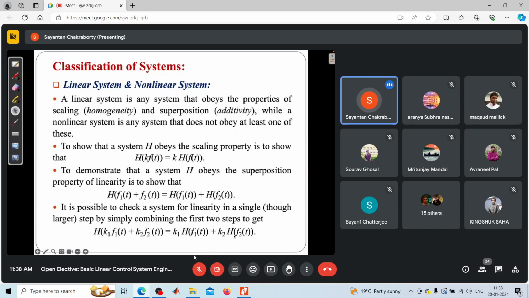It follows the scaling property and the superposition property. But if a system fails to satisfy either scaling or superposition or both, then it's a nonlinear system. We'll give an example of each system today. So this is a clear classification. It's a binary classification, you can say.